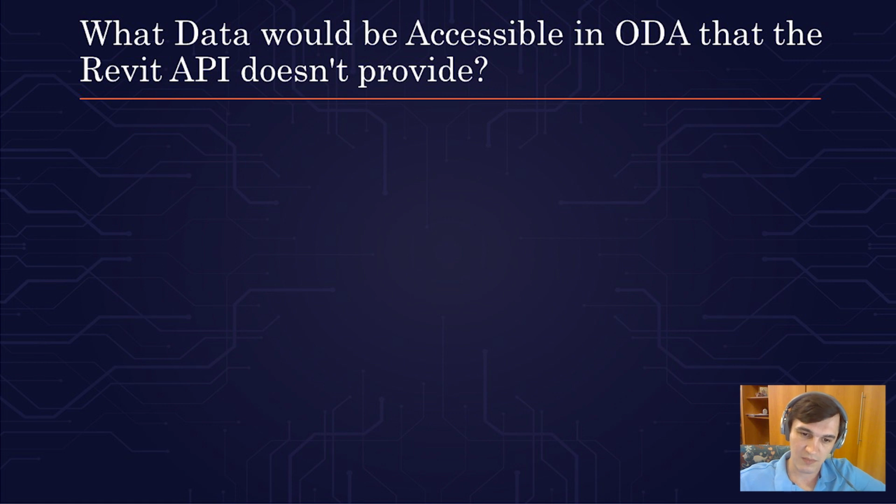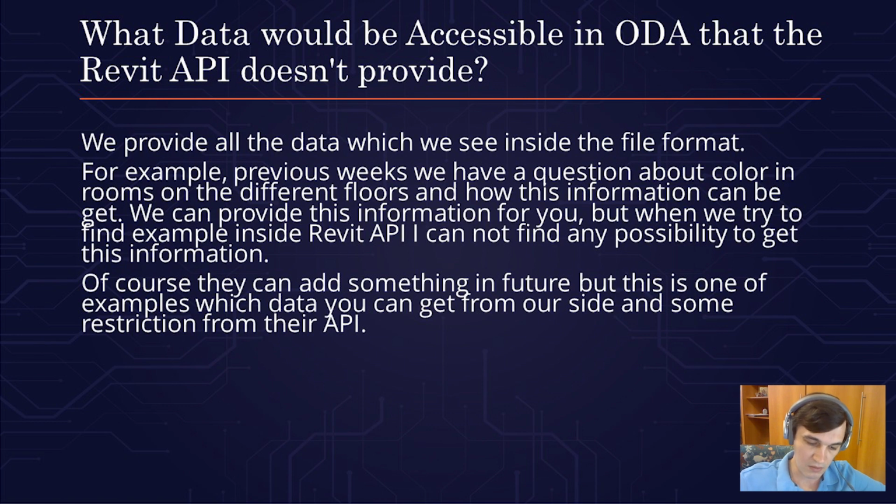The next one: what data would be accessible in ODA that the Revit API doesn't provide? When we read a file, we provide the possibility to get any data stored inside the file format.